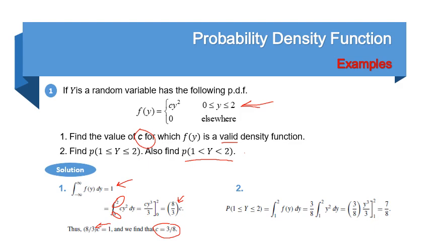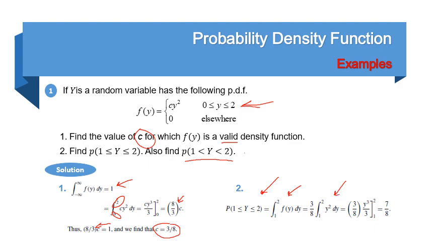So all we have to do now to calculate the probability that y is between 1 and 2 is to integrate from 1 to 2 over the density function he gave us, which is f of y dy, which is 3 over 8, replacing the c by 3 over 8, y squared, in order to get the probability.